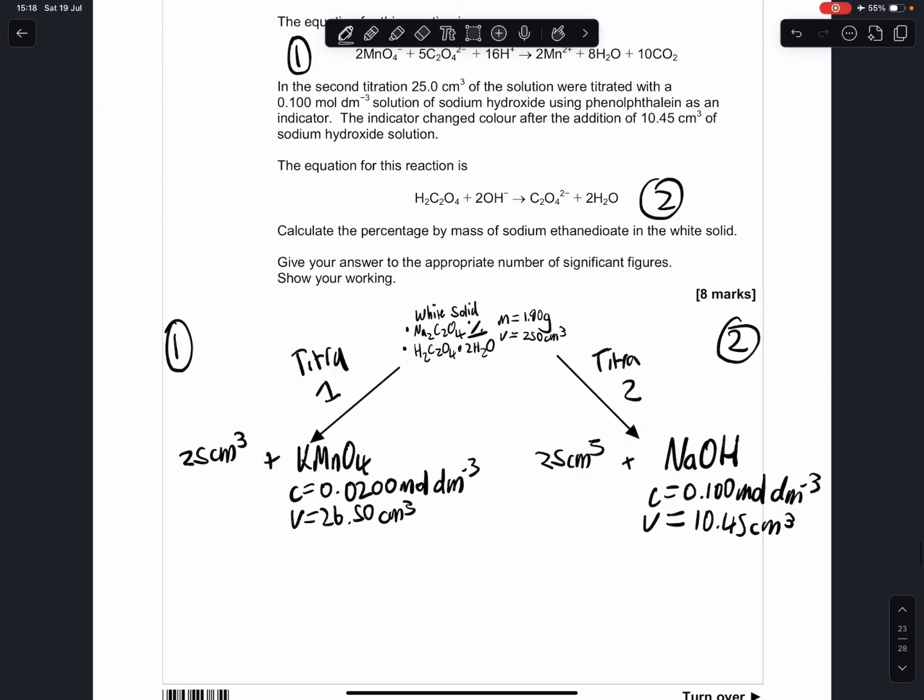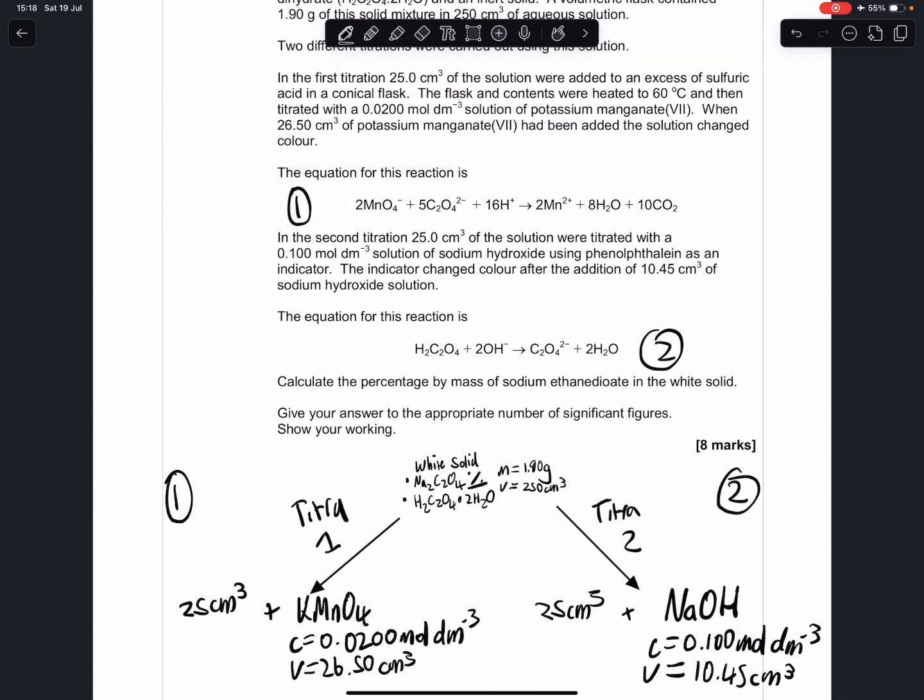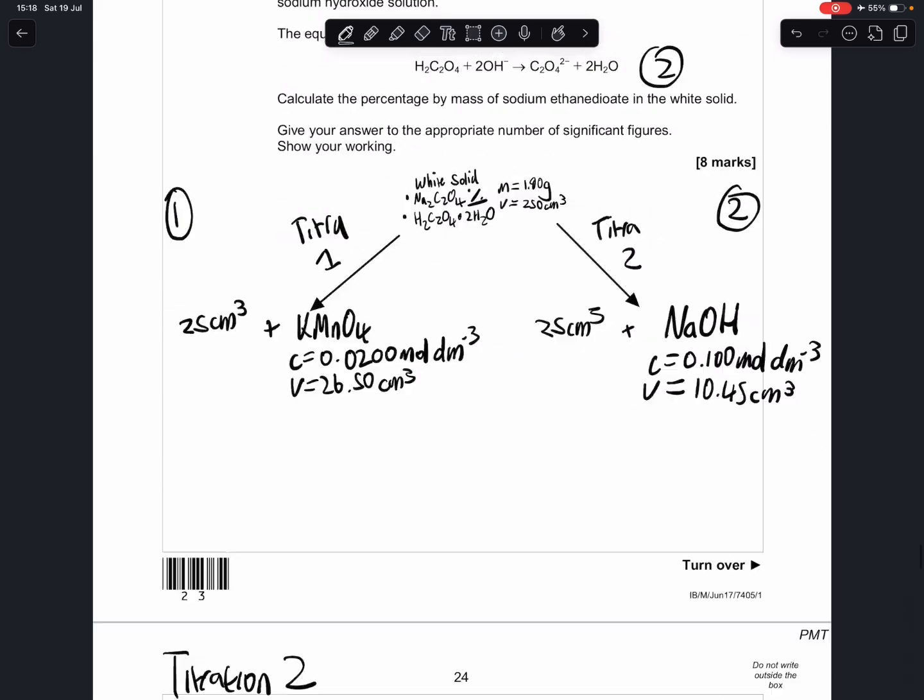Now, we see here in our first equation that for 2 moles of this, we have 5 moles of C2O4 2 minus. They react in a 2 to 5 stoichiometric molar coefficient ratio. So if we want to find the moles of C2O4 2 minus, what we can do is divide by 2 and times by 5.